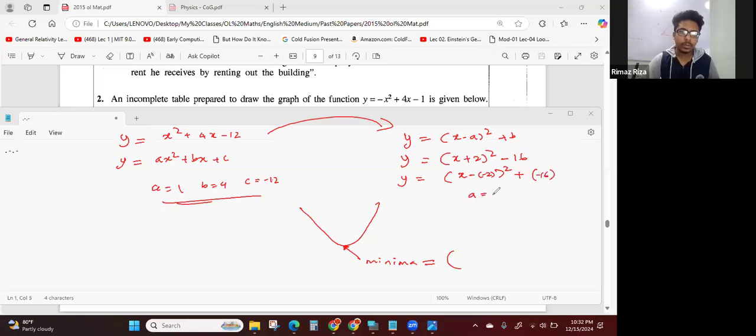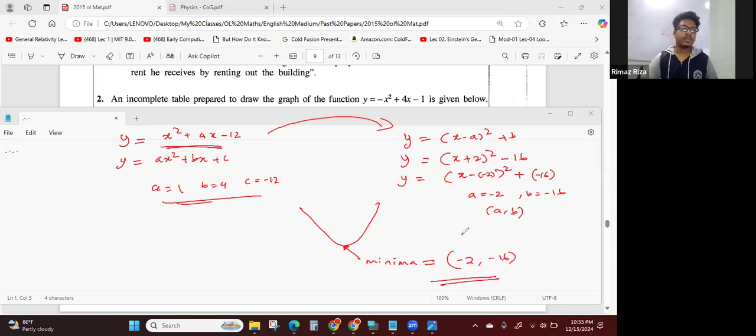So a is equal to minus 2, b is equal to minus 16. So the coordinates of the turning point are a comma b, and those values are minus 2 comma minus 16.